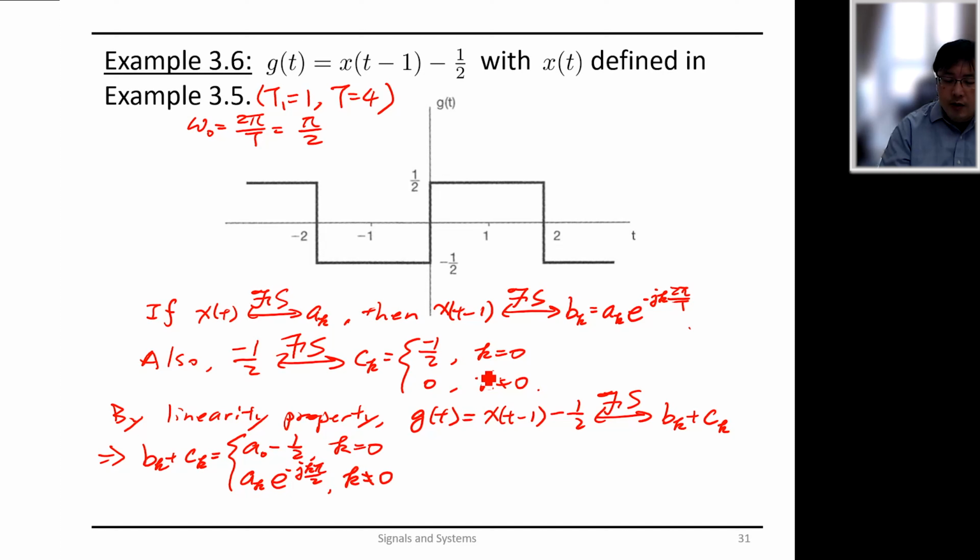For k equal to 0, ck is 1 over 2, and bk for k equal to 0 is just a0 because this term becomes 1.